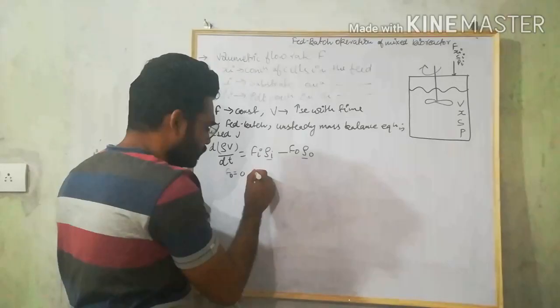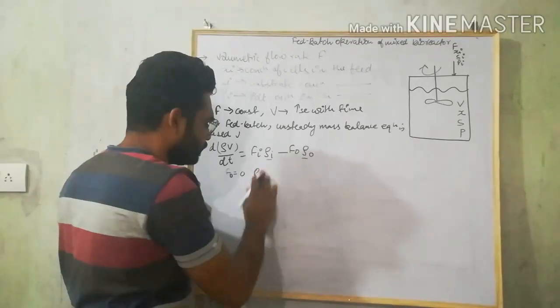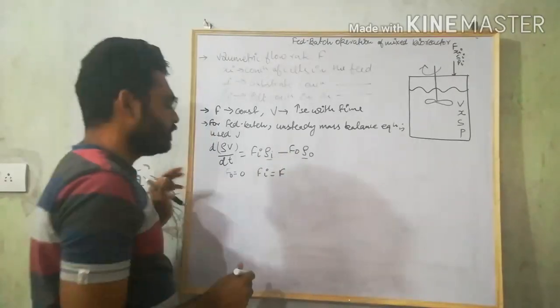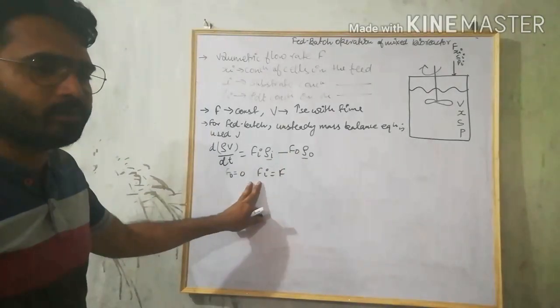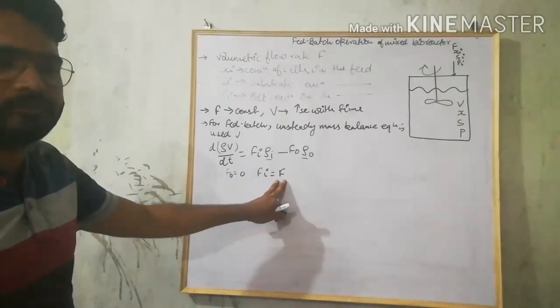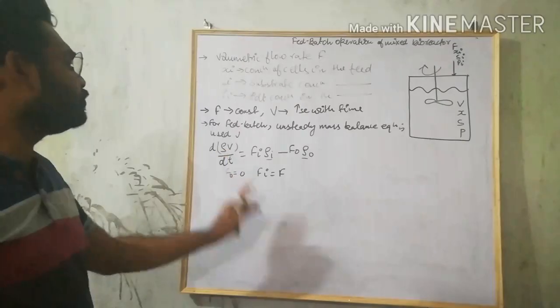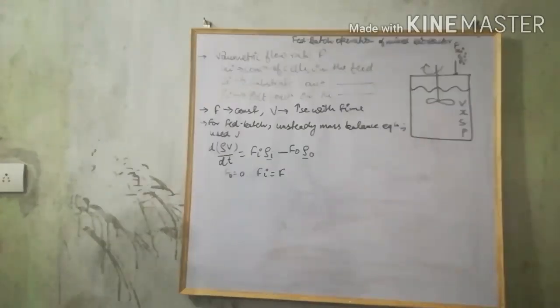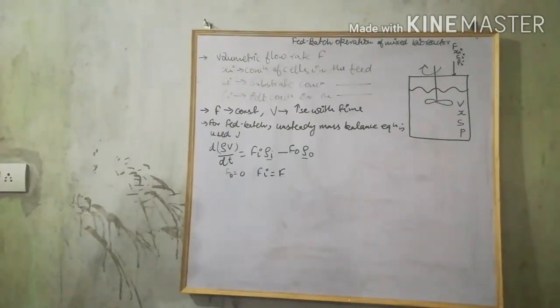And this Fi is equal to F. Why is the feed flow rate of the input stream equal to F? Because we have assumed that F is constant. The feed is being supplied at a constant rate, so there will be no difference between Fi and F, right? So Fi will be equal to F. Fine.